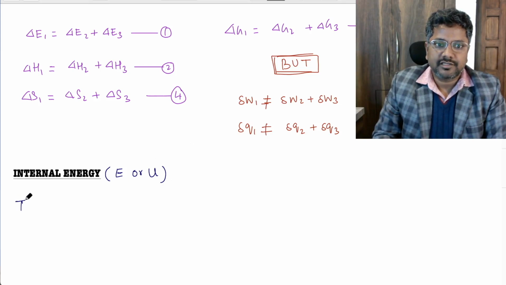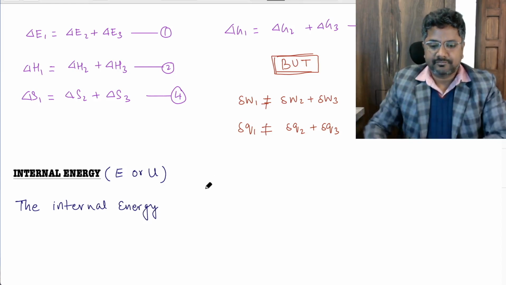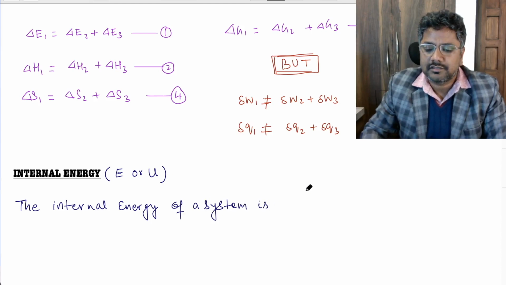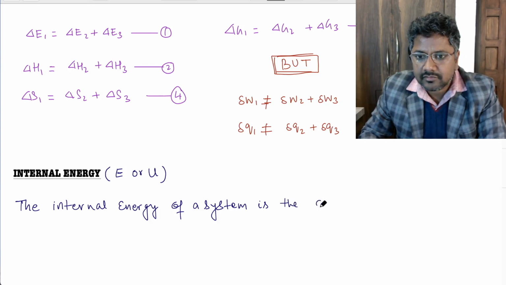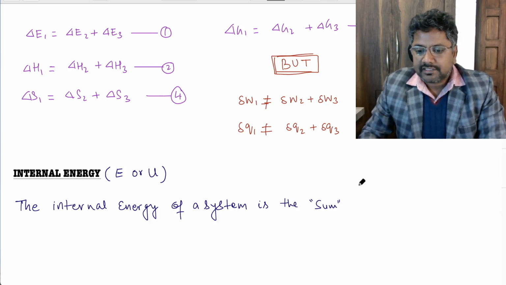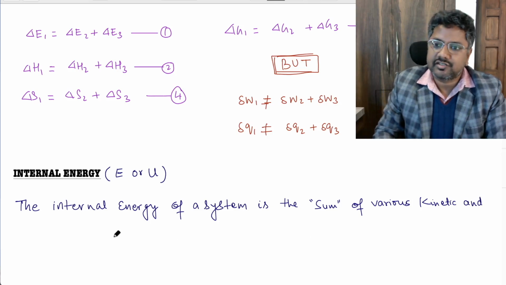So the internal energy of a system is the sum of various kinetic and potential energy contributions.